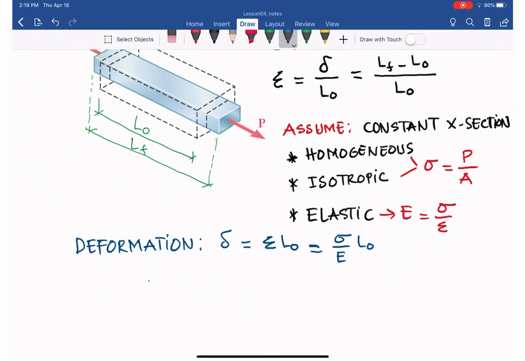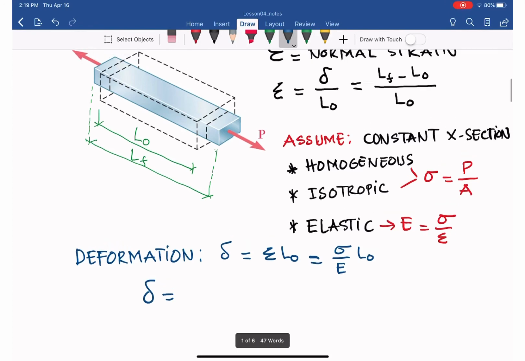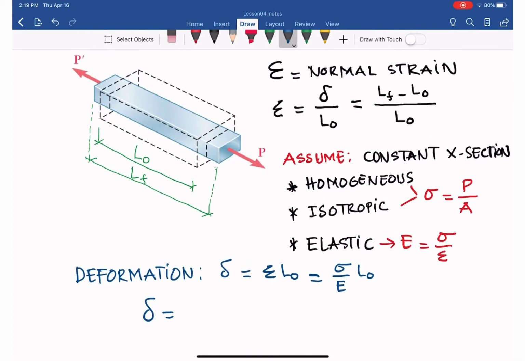So we get the deformation for an axial member with axial load P: delta equals P L0 over A E, proportional to the load and the original length and divided by the cross-sectional area and the Young modulus, which we box.